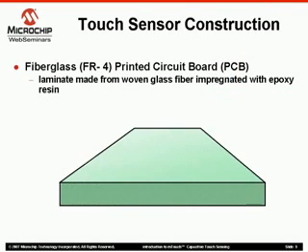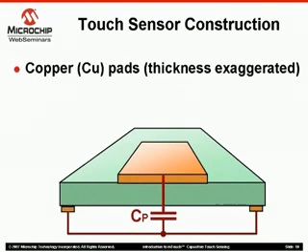We begin with a simple printed circuit board. Constructed of FR4, this type of material will enable us to produce a natural capacitance for our application. A copper pad is next introduced. The shape of this pad is not very important. Therefore, we have the freedom to shape this sensor aesthetically to suit a particular design.